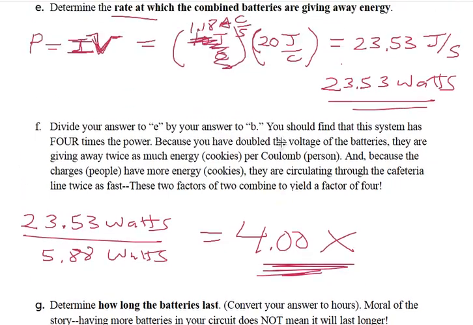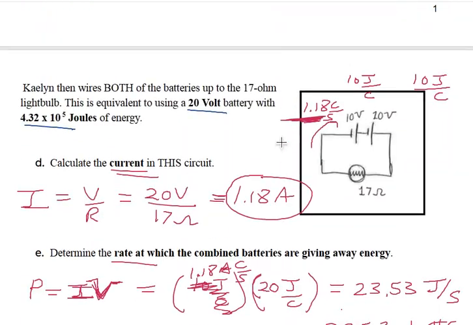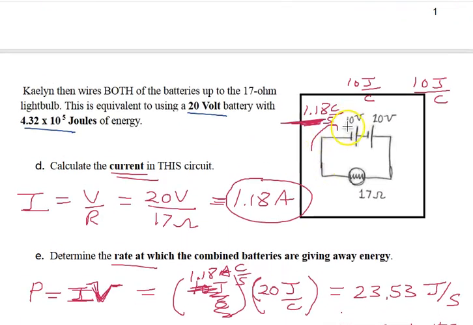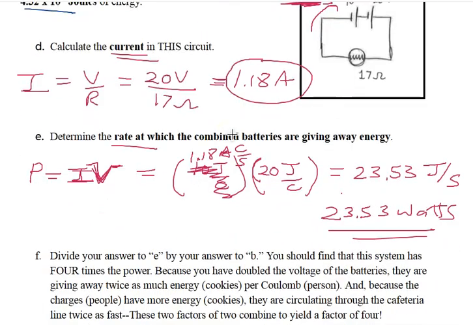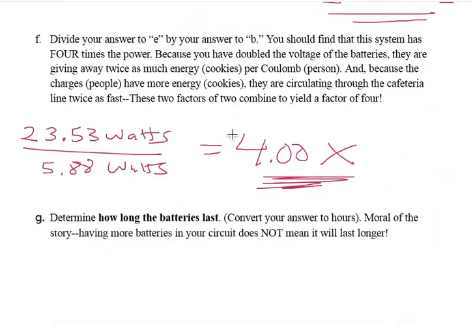So even though the current only doubled, because you're going trick-or-treating at 2 houses instead of 1 house, you're using up energy 4 times as much because you've got 2 factors of 2. I got twice as many trick-or-treaters and I'm going to twice as many houses to get candy. So I have 4 times the energy.